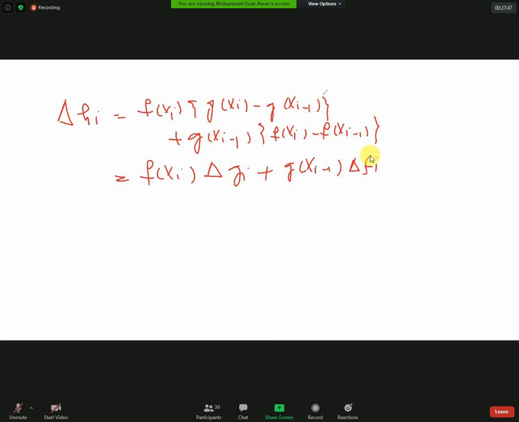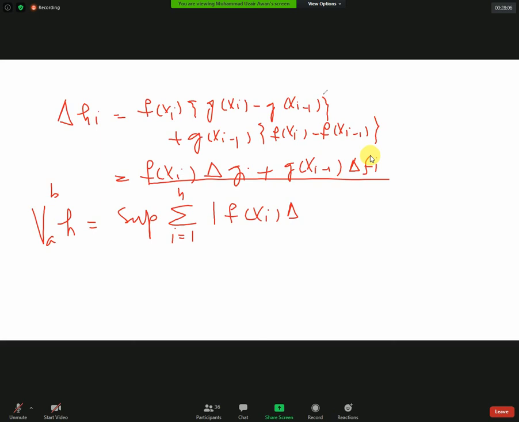अब इसको हम पुट करते हैं, total variation of H जो था, that is supremum summation i equal to 1 to n, del Hi था, del Hi की वैल्यू ये पुट कर दें, plus, ये चीज है, ठीक हो गया। Now since both F and G are functions of bounded variations, ये हमें गिवन है और हम ये जानते हैं कि if f and g are both functions of bounded variation then f and g are bounded.